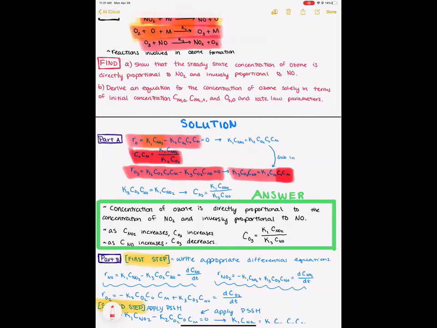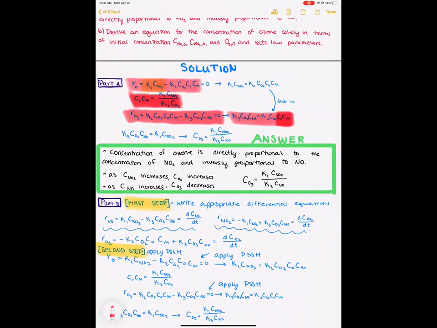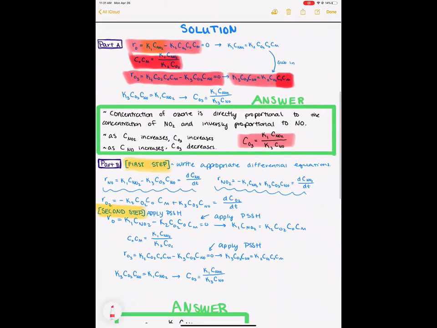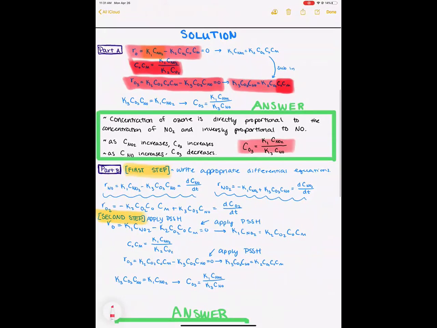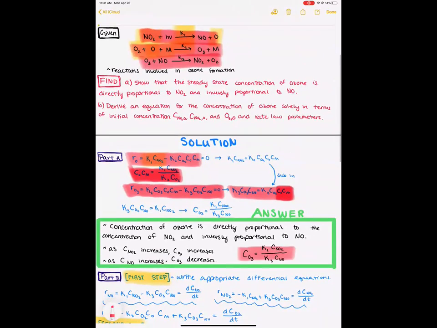So if the concentration of NO increases, then the concentration of ozone decreases. And so that is our final answer for part A.